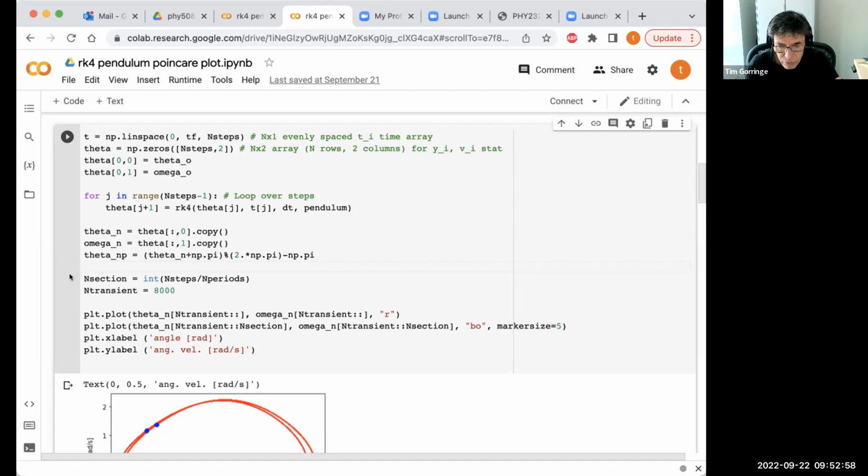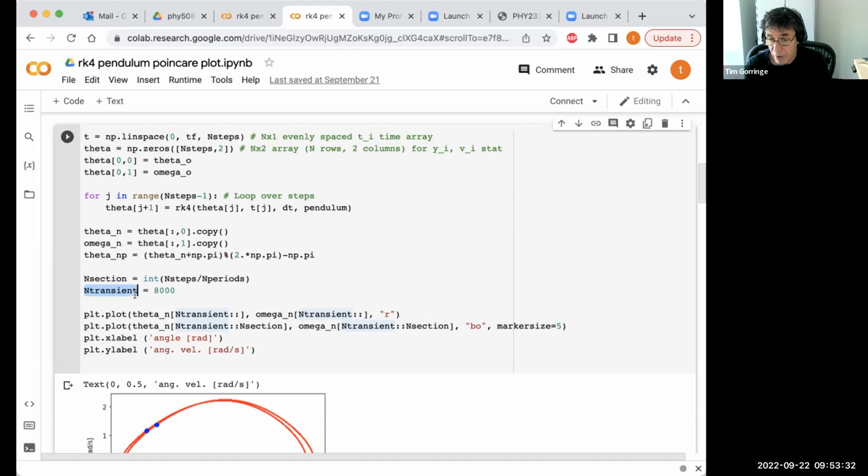I introduced two new variables: n_section for the Poincare sections and end_transient for avoiding the transients. For end_transient, I just define a number in my array of times and my arrays of theta and omega coordinates where I observe the transients to be over.